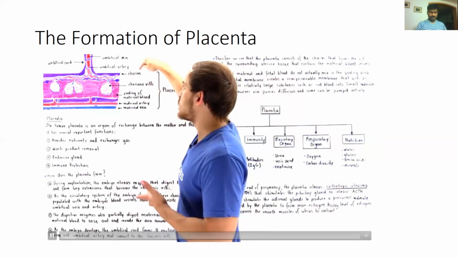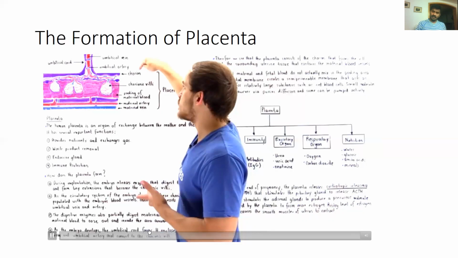And so we have the pooling of the mother's blood shown in a diagram as this light purple section. And what that allows is the exchange of nutrients and waste products and minerals and oxygen, carbon dioxide between the blood of that fetus and the blood of the mother.